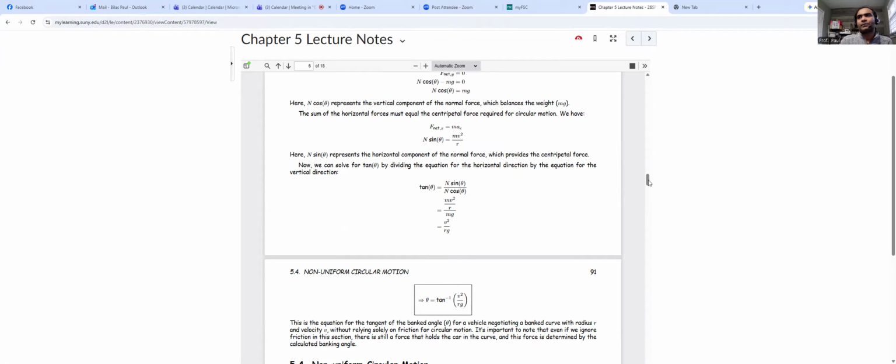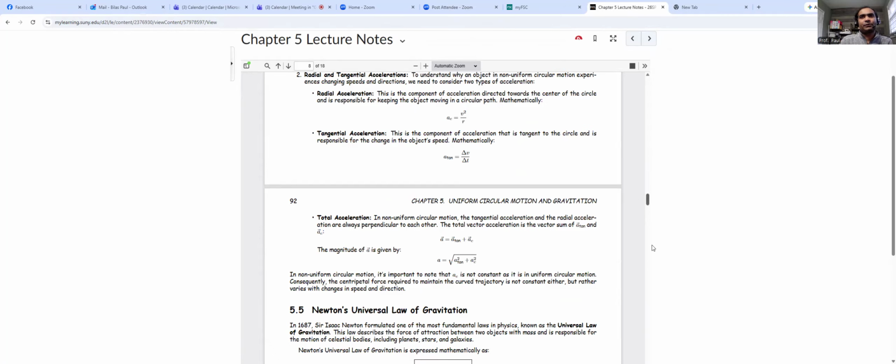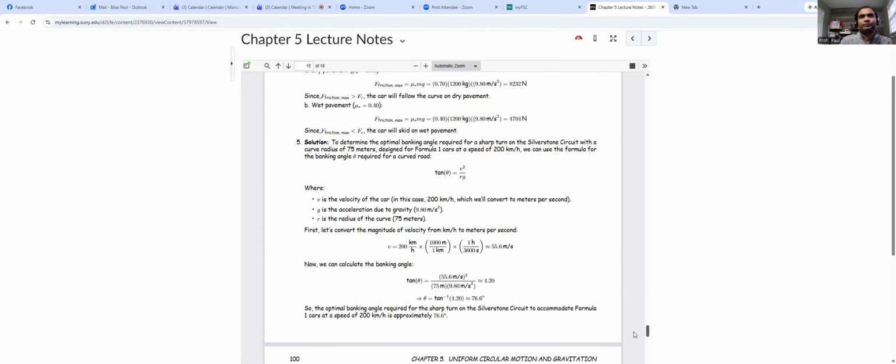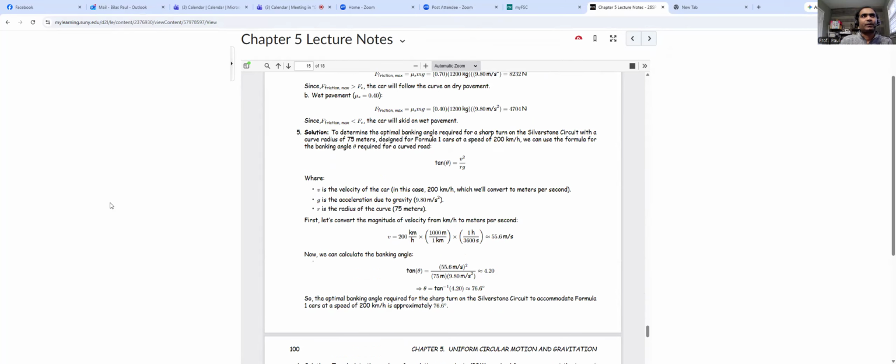Now let's go to the solution. Because the speed is given in kilometers per hour, we cannot plug this value into the equation since it is not in standard international units.